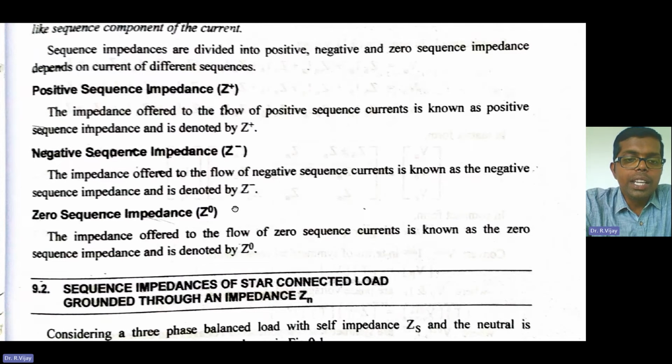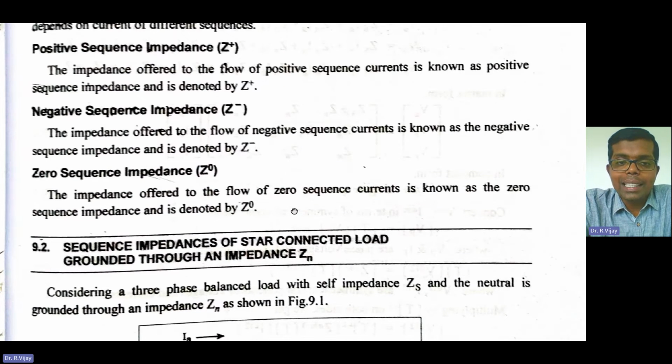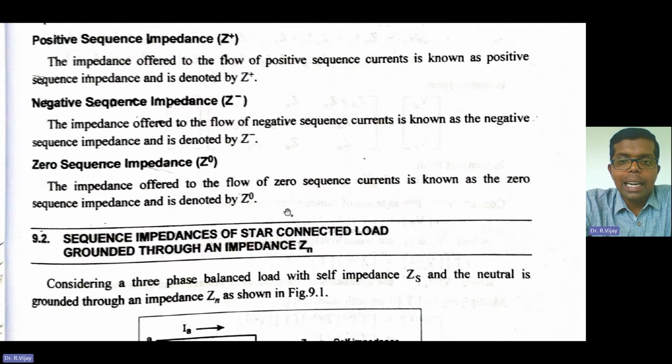Next, the zero sequence impedance is the impedance offered to the flow of zero sequence currents, denoted by Z0.